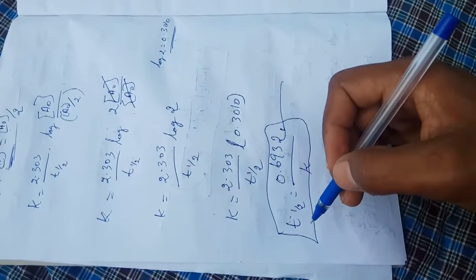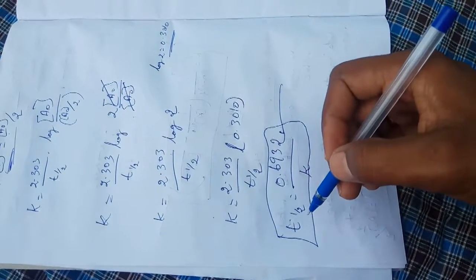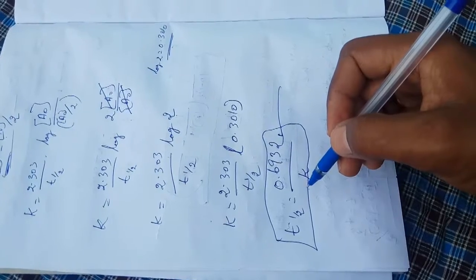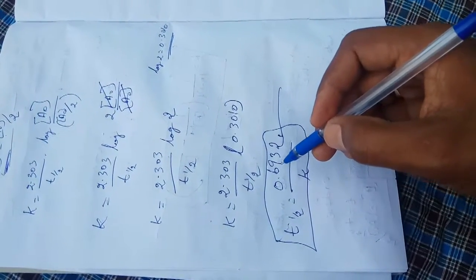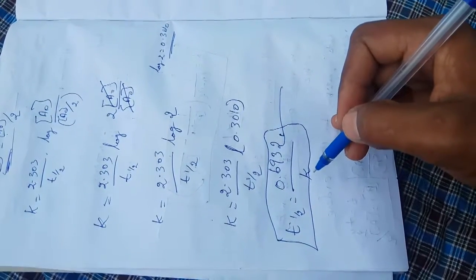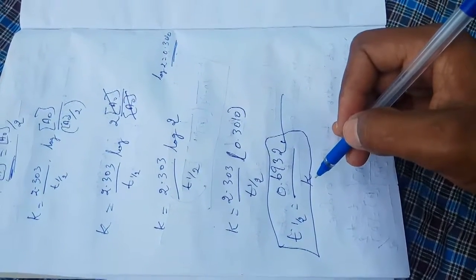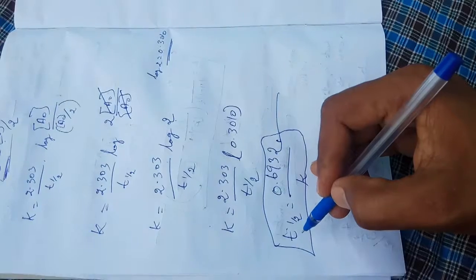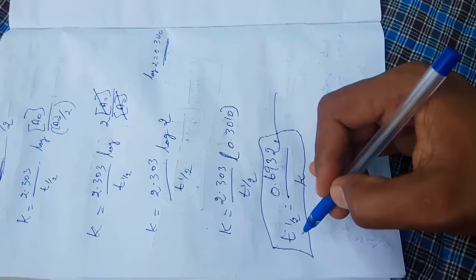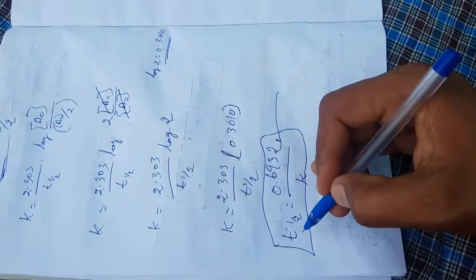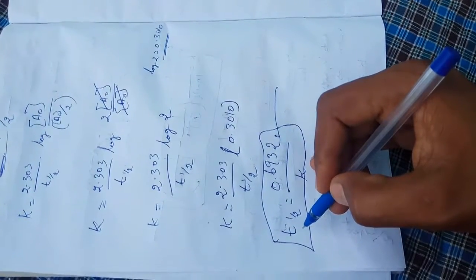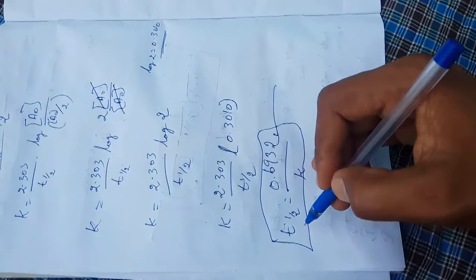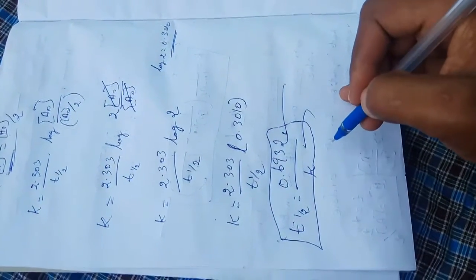T 1/2 equal to 0.6932 divided by K is the half-life equation of first order reaction.